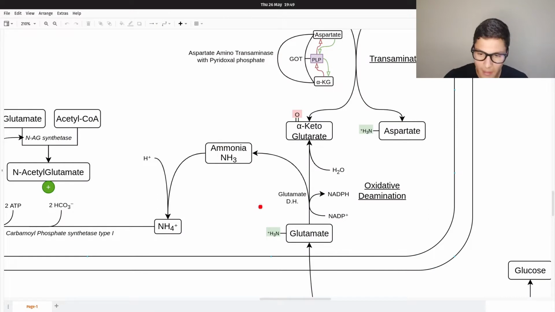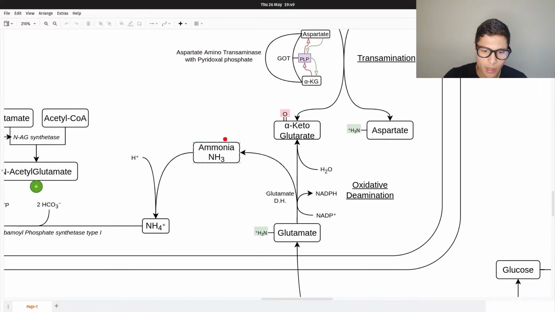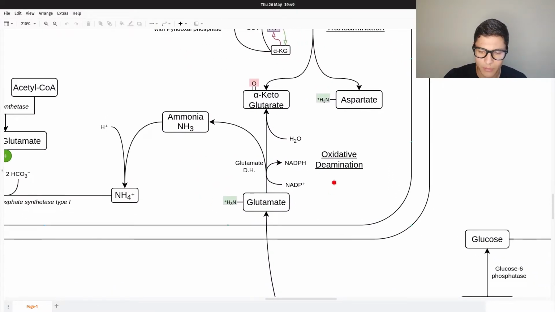We're discussing nitrogen metabolism, and today we're going to talk about the urea cycle, a very important metabolic pathway that we need to get rid of the toxic ammonium. So let's begin. As I said, ammonia is created from the oxidative deamination of glutamate.